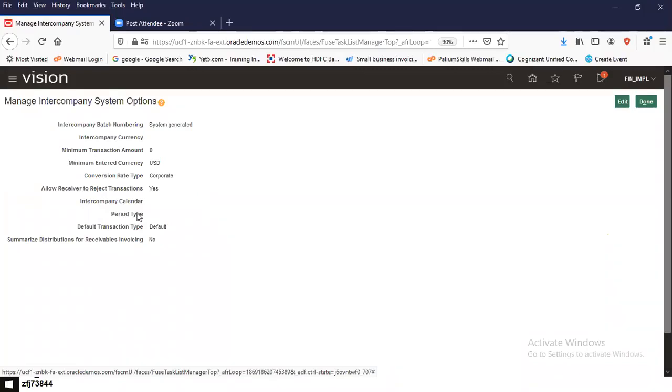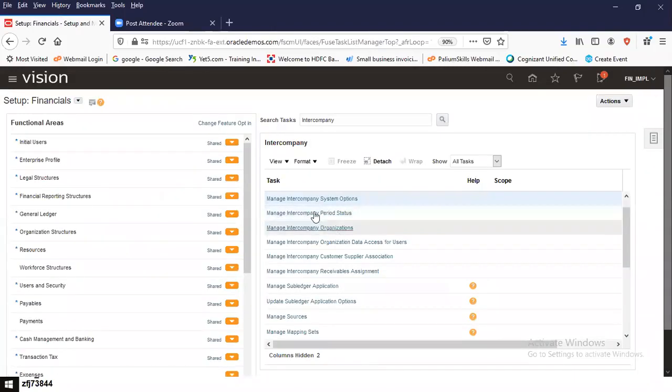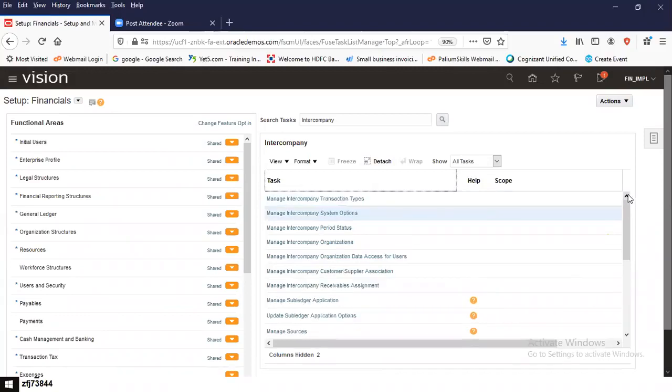It talks about what is the intercompany currency, what is the minimum transaction amount, minimum entered currency, conversion rate, whether the receiver can reject the transactions or not, intercompany calendar, default transaction type, summarize the distributions for receivables invoicing. Then you have intercompany period status, intercompany organizations. So as you can see, these are the different rules that you can define in the system.